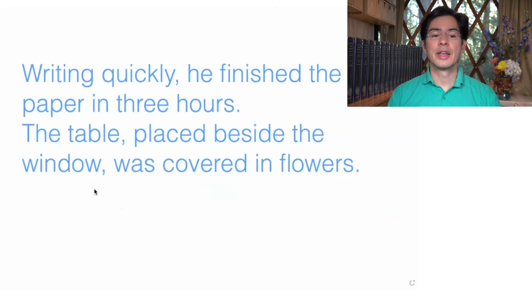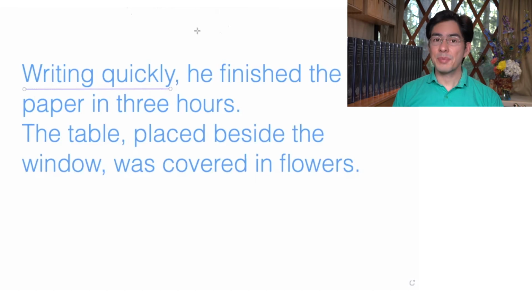Okay, here we have an example of two participle phrases. Here we have the sentence, writing quickly, he finished the paper in 3 hours. Let me find my underlining device. Here we go. In this case, writing quickly is the participle phrase.